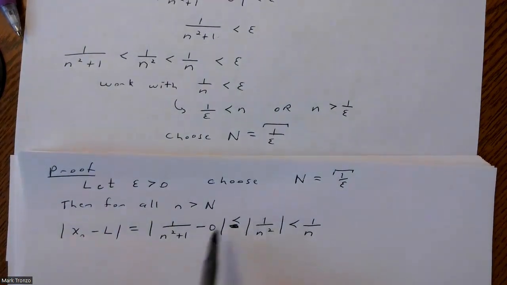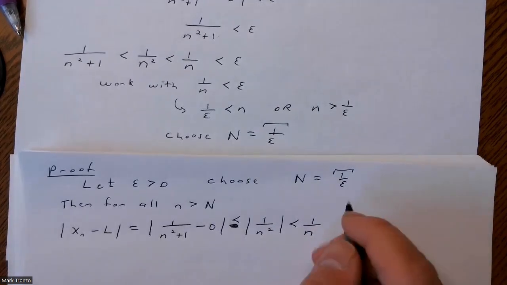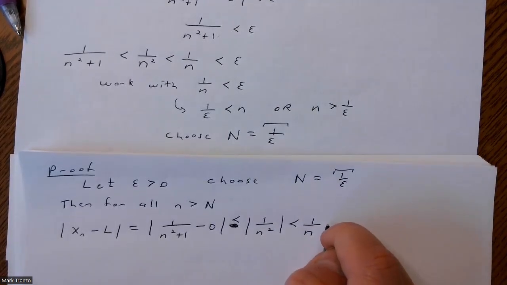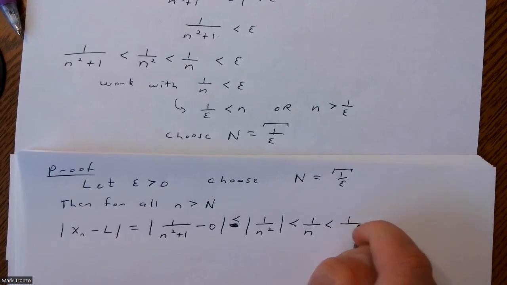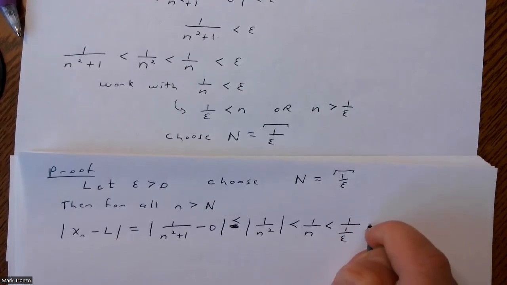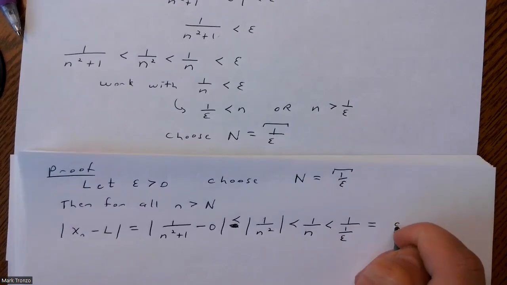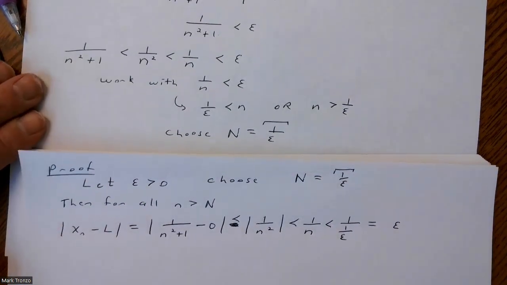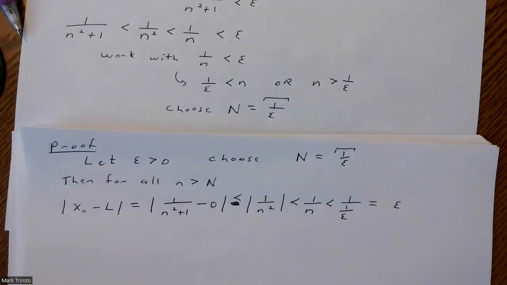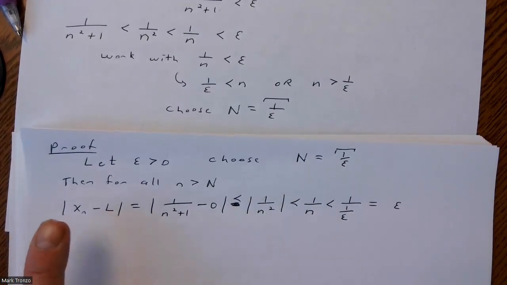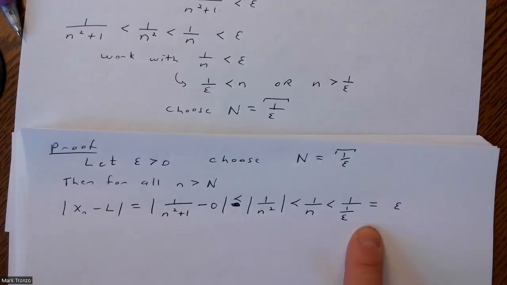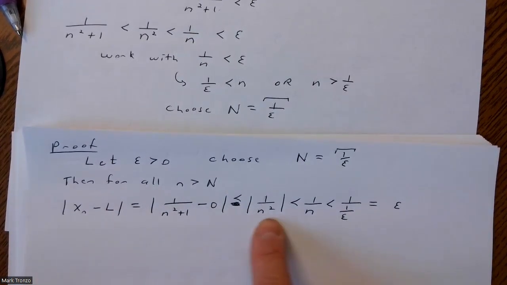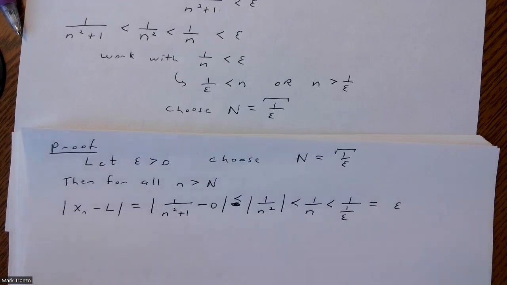And since n is bigger than capital N, that means that 1 over n is smaller than 1 over capital N, which is 1 over epsilon, which is equal to epsilon. So then finally, I'm going to just leave it there, because a lot of times, if you see this in books, that's the way they'll do it. They'll start with the sequence minus the limit and just show that the chain gives you less than epsilon.